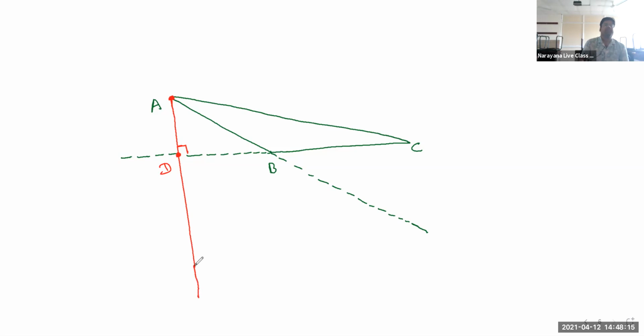So in the same way, if you drop a perpendicular from C to side AB, then you will get a line here. So let's take it as point E. So CE is an altitude drawn from vertex C to line segment AB.